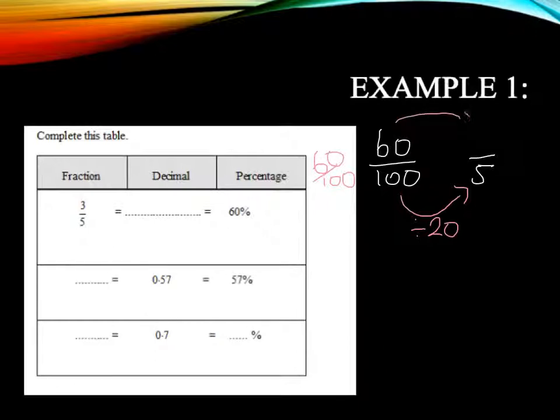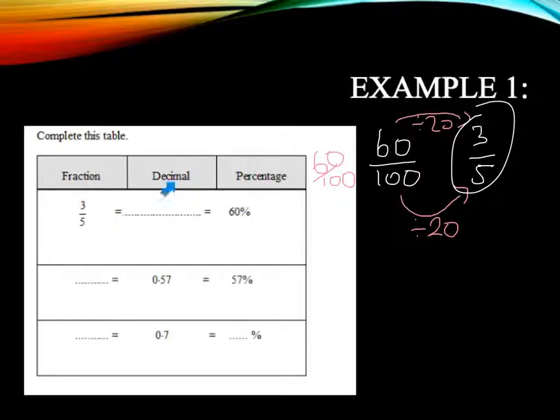I can do the same at the top, divide by 20. Doing the same thing to the top and bottom keeps it equivalent, so we're maintaining the equivalence of these things. How many 20s go into 60? 3. So you'll notice that 60 out of 100 is exactly the same as 3/5. And so that's why these two things here are already linked up.